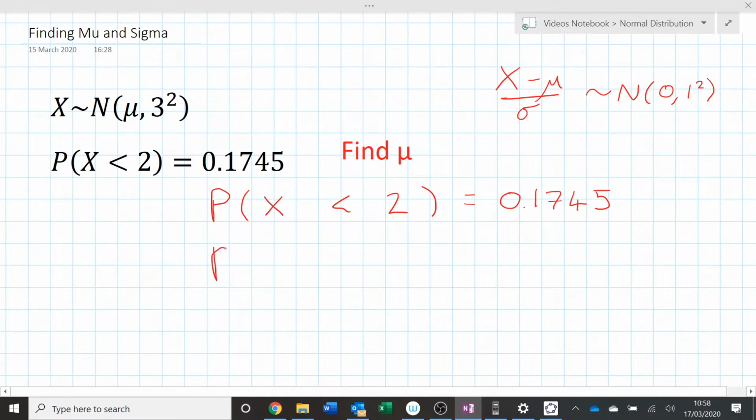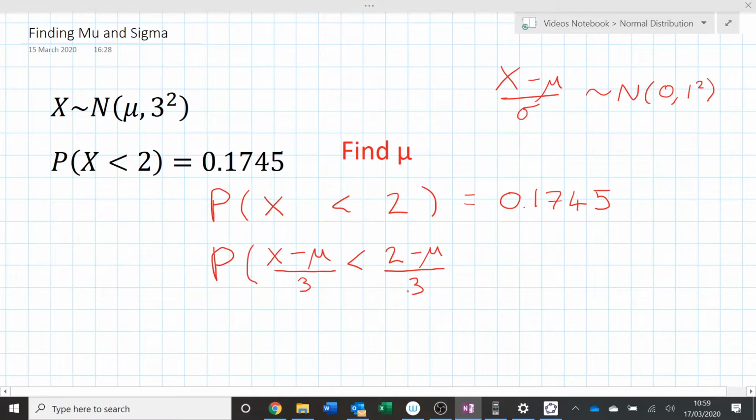So I'm going to write the probability of x minus mu, which I don't know, divided by sigma, which I do know, is 3, is less than 2 minus mu, because it's an inequality, I have to do the same to both sides, divided by sigma. Note that it doesn't matter that I'm dividing both sides of an inequality.